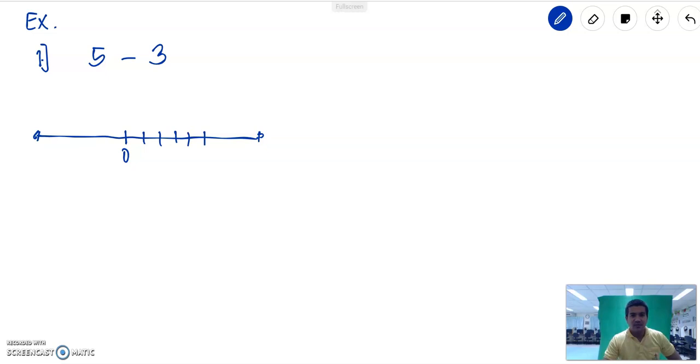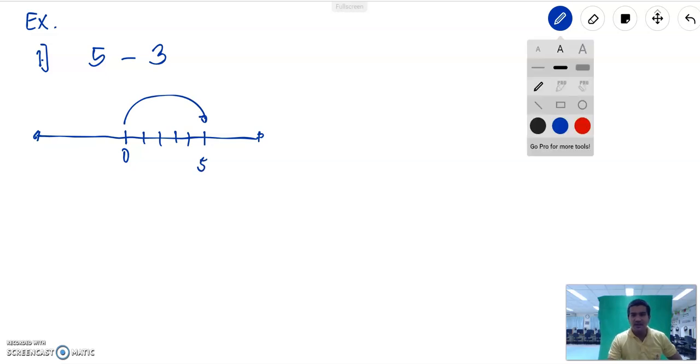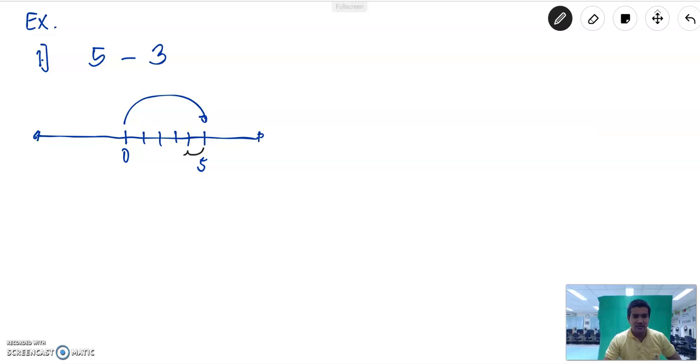So from here, the line will go to 5. So this one is the value 5. And after that, we will go back by, so minus, meaning it will go to the left side. So now we have 1, 2, and 3. So this one is positive 2.